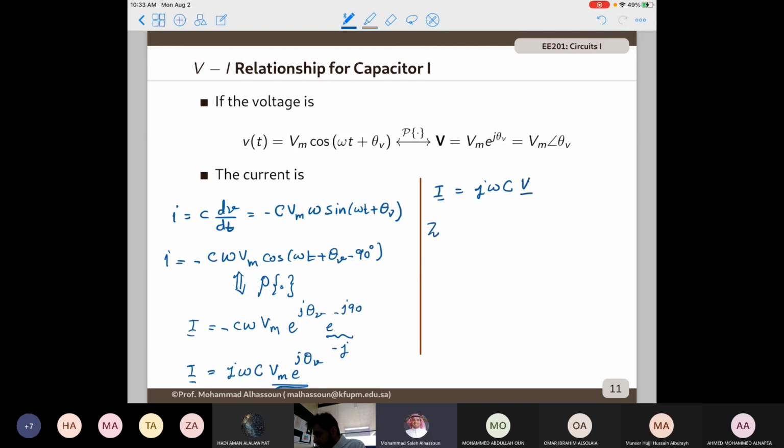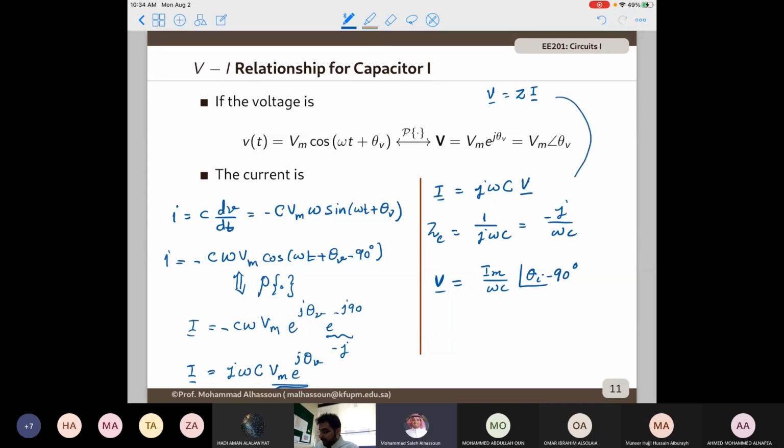So the impedance is actually 1 over j omega C, or if I bring j to the numerator, it's going to be negative j over omega C. So the voltage here is going to be, and here we have the opposite.